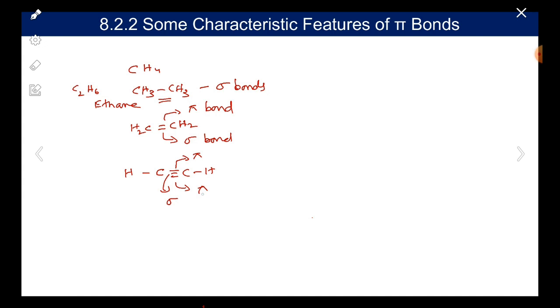So first we have to understand that sigma bond and pi bond are not equal. Even though there is sharing of electrons, their strengths are totally different, because pi bonds are formed by p orbitals that are overlapping sideways. When we compare with the sigma bonds, they are formed by head on head interaction.